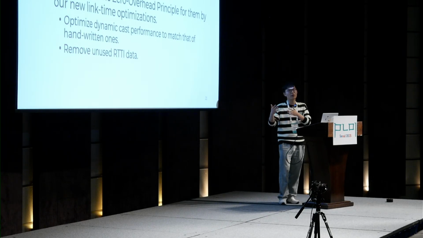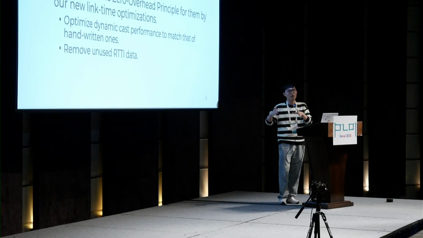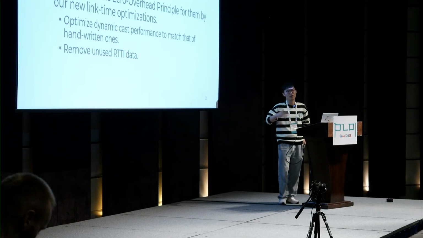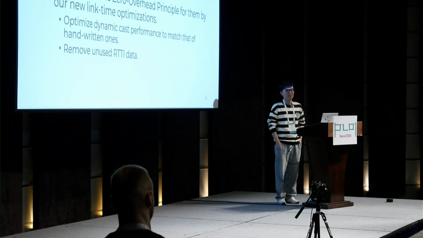For example, a single LTO can do parallel linking. If your computer has a lot of cores, it can run many linking tasks in parallel, so I think the build time will not increase a lot. But if you use full LTO, maybe your compile time will be doubled or tripled. It's not good. Okay, all right.